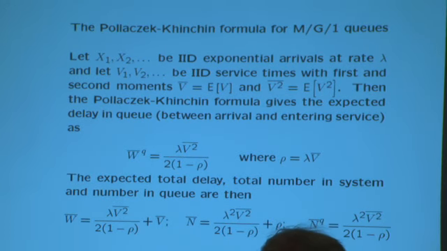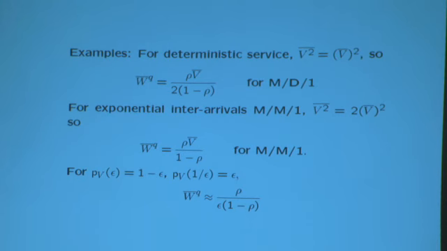Lambda times V bar squared. Oh, yes. Rho is lambda times V bar. So we have lambda times V bar squared over 2 times 1 minus rho. You look at exponential service times, and suddenly you get twice as much weight in Q. It is worse to have exponential service times than it is to have fixed deterministic service times.